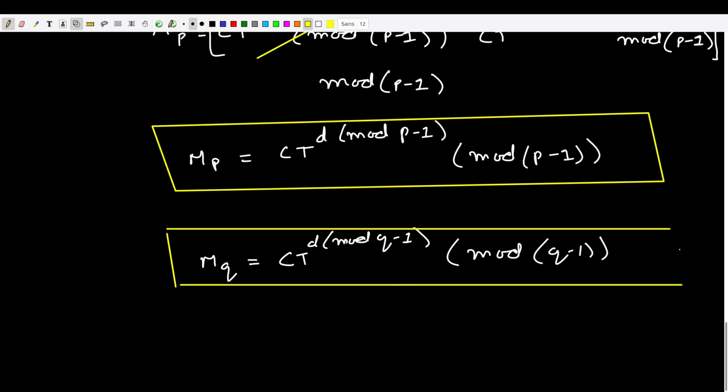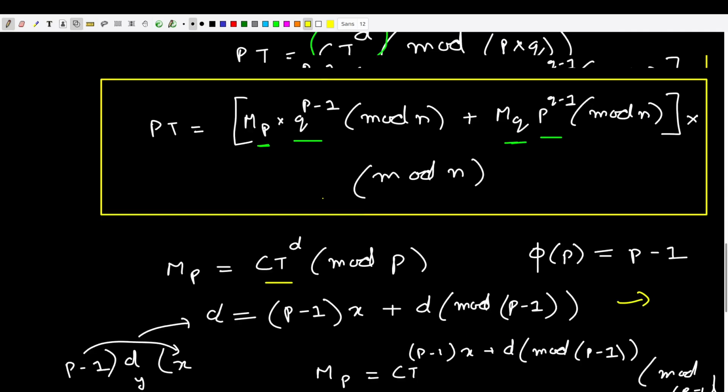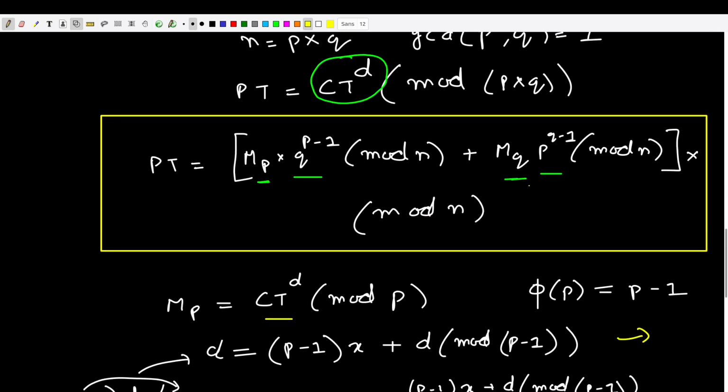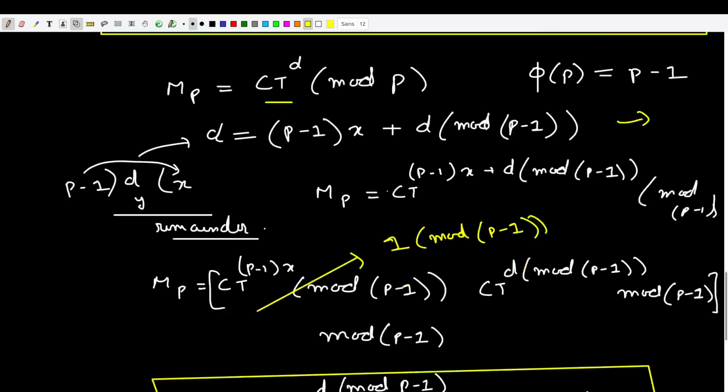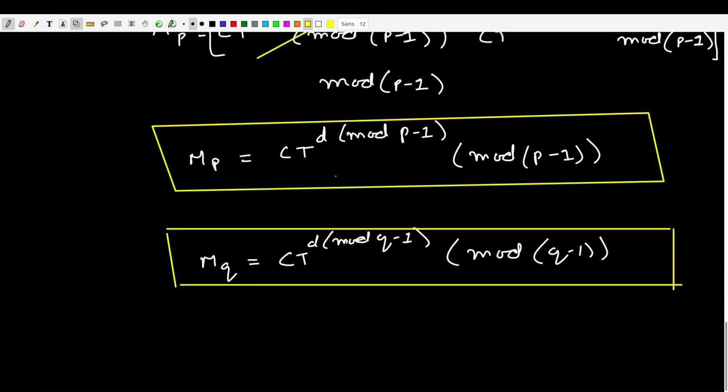Okay, so MP and MQ are this, and this was our equation. So now let us use this and try to get our plain text.